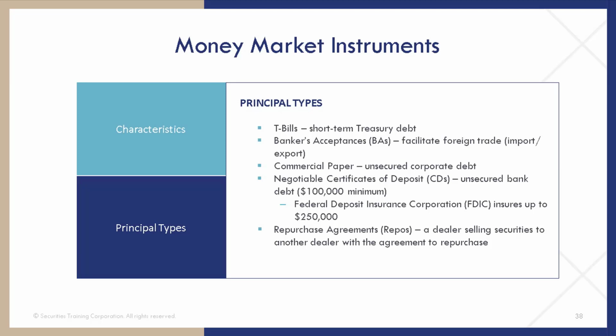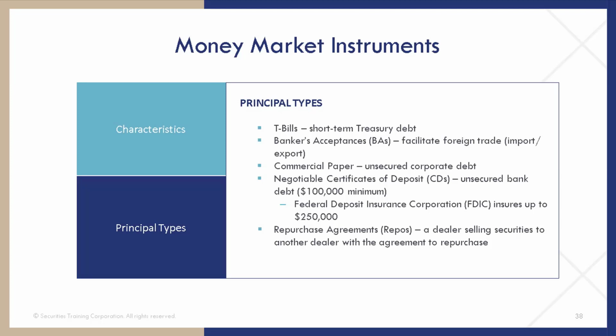And these generally have a maximum maturity of 270 days so that they can be exempt from the registration requirements of the '33 Act. So it's short-term corporate debt, max maturity of 270 days.